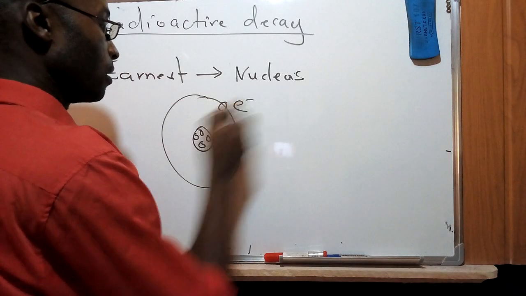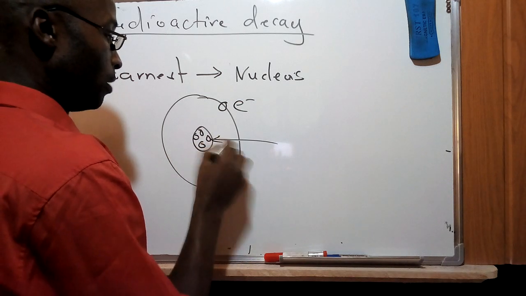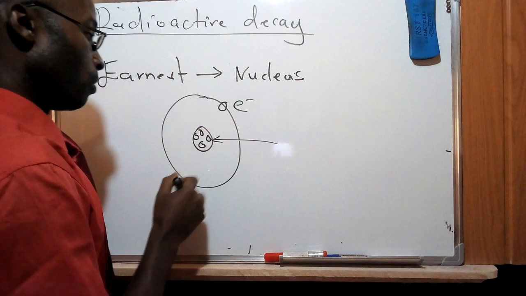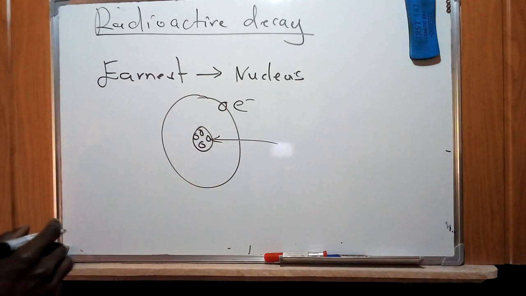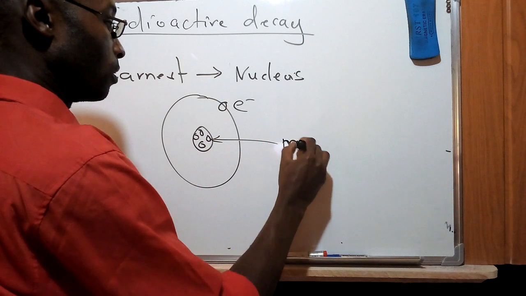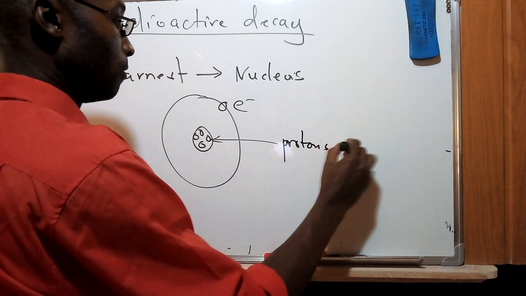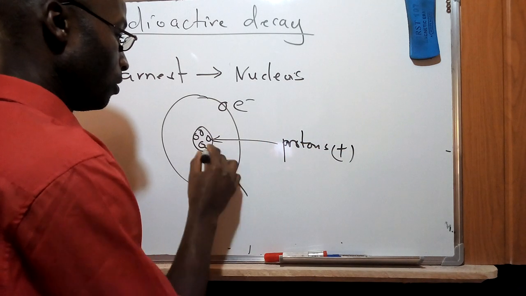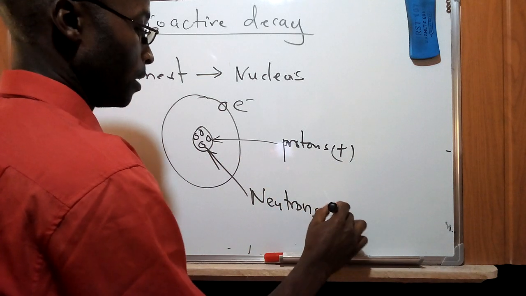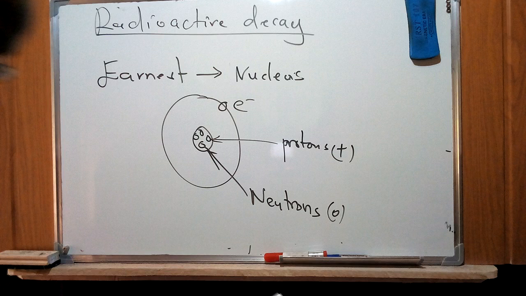So he proposed an atom whereby the nucleus is centrally located, and the electrons are orbiting around the nucleus, whereby the nucleus consists of protons, which are positively charged, and then the neutrons, which have a net charge of 0.